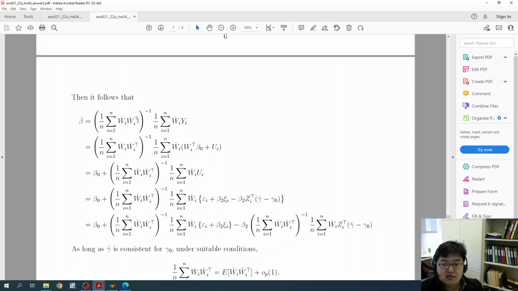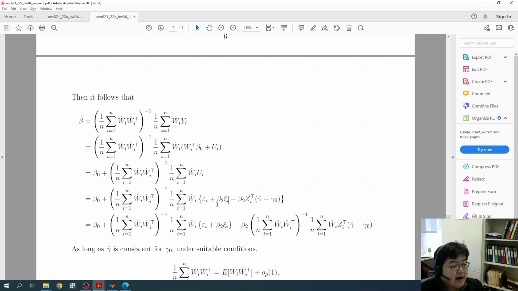Beta hat is calculated as an OLS estimator, and y is now replaced by W hat beta 0 plus u, and this beta 0, like here W hat. So we'll go outside of the complicated formula, and u should be replaced by these three different error terms, right? Three different error terms, and this part is not a problem.